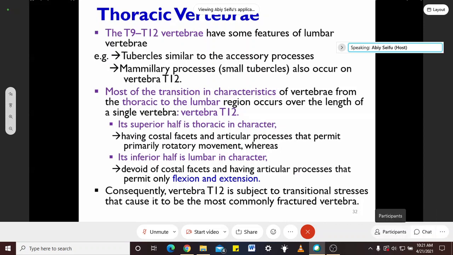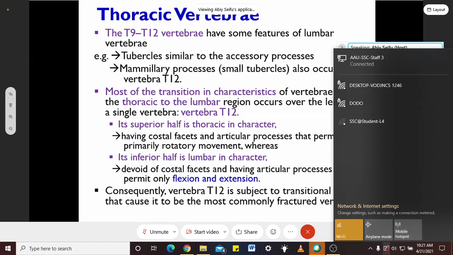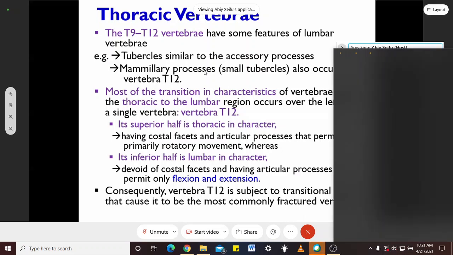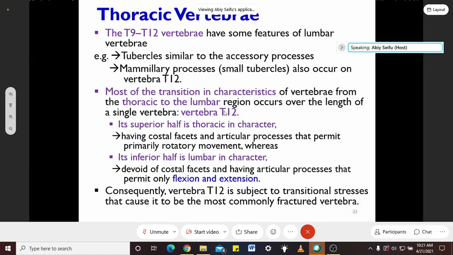Therefore, there is a transitional tension, because the superior part of the vertebra has the characteristics of the thoracic, whereas the inferior part has the lumbar characteristics. For instance, there is no costal facet in its inferior part that articulates with the ribs. Rather, the superior half of the T12 has a complete costal facet that articulates with the T12 ribs.